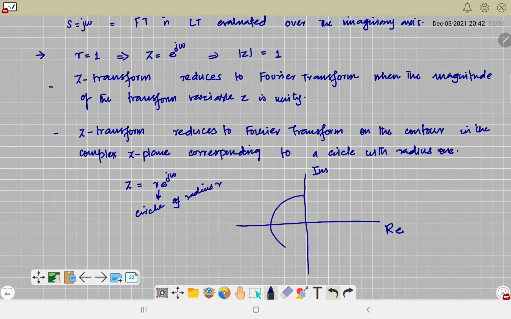Okay, so it will represent a circle, and this will be omega, and this will be a circle of radius r. Now in this typical case where r is equal to 1, we then say that the z transform reduces to the Fourier transform on the contour in the complex z plane corresponding to a circle with radius 1.